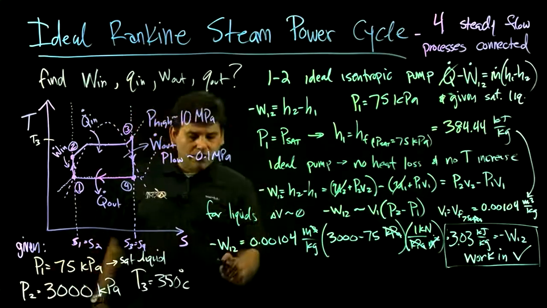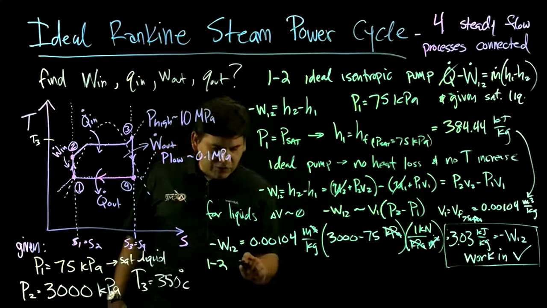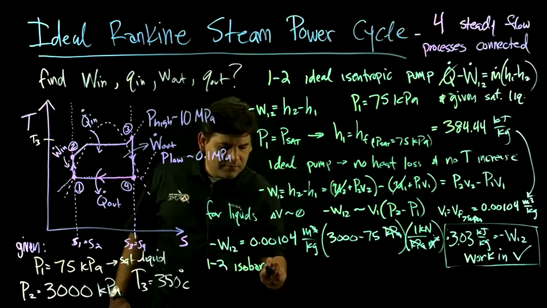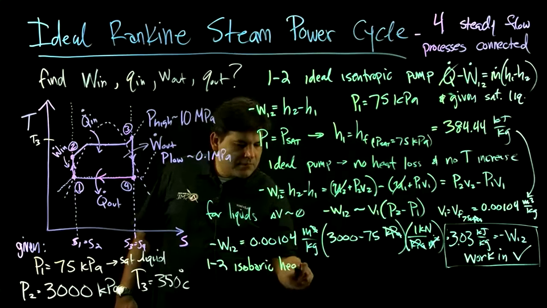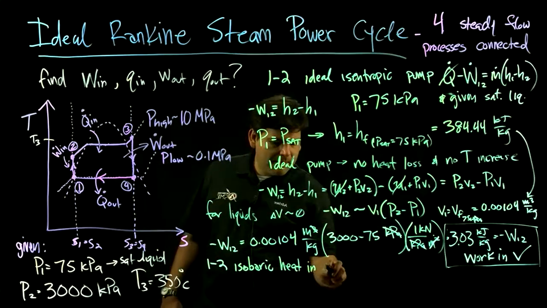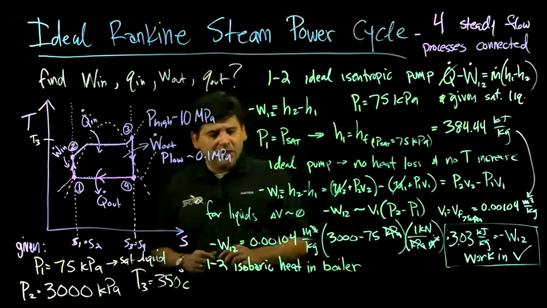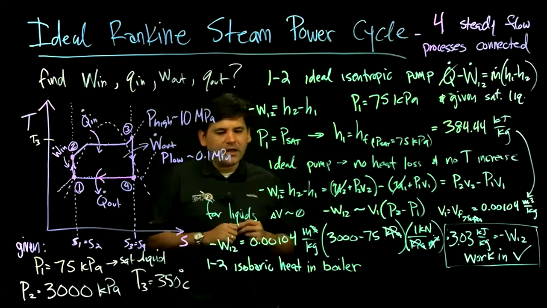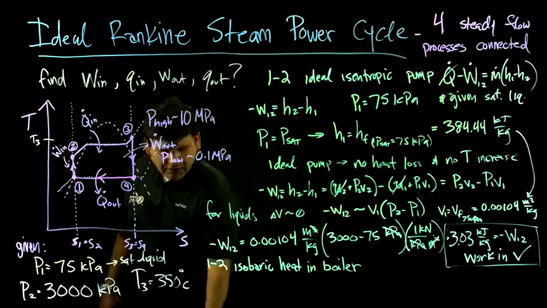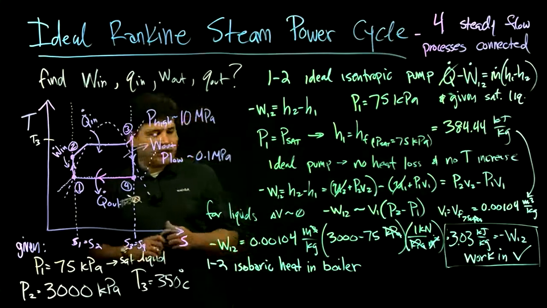For 1 to 2, this is an isobaric heat in, boiler. So you're boiling water and you want to input energy so that the phase goes from compressed liquid all the way to superheated.